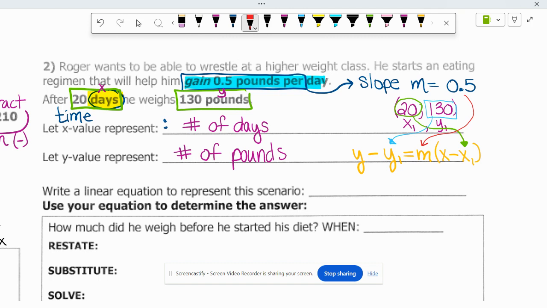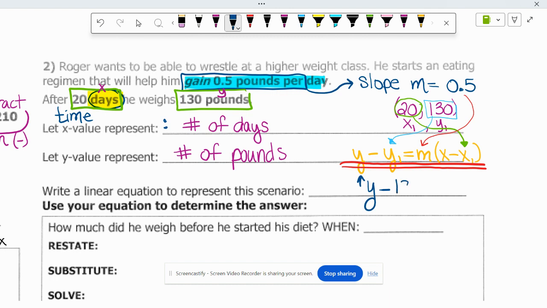So you're writing this equation right here, but you're not going to use Y sub 1, M, or X sub 1. So let's start off with the first term. What is that? Y minus what number, what coordinate represents Y sub 1? Good job.